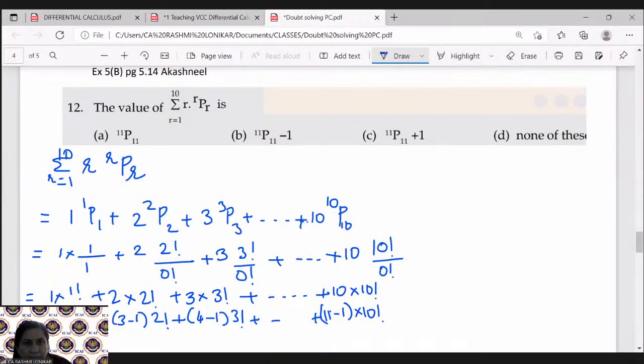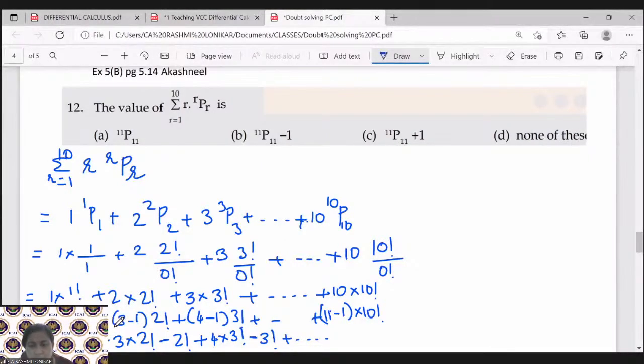I'm writing 1 as 2 minus 1, 2 as 3 minus 1, 3 as 4 minus 1. So what do I get here? This is 2 into 1 factorial minus 1 factorial plus 3 into 2 factorial minus 2 factorial plus 4 into 3 factorial minus 3 factorial. Okay, so like this I go on.